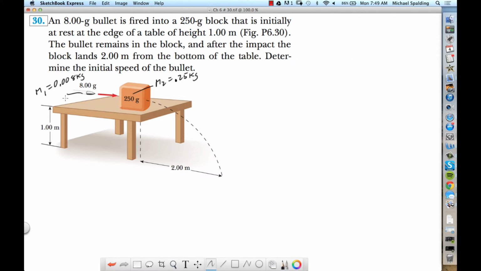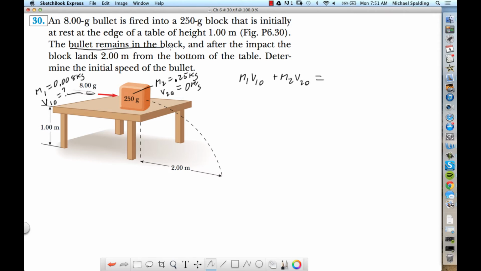All right, so what we're looking for in this problem is V1 initial, the initial velocity of the bullet. And by the way, what's the initial velocity of the block? 0, it's just sitting there. Okay, so we write out the conservation of momentum equation, M1 V1 initial plus M2 V2 initial. Oh, what do they tell us in the problem? The bullet remains in the block, right?